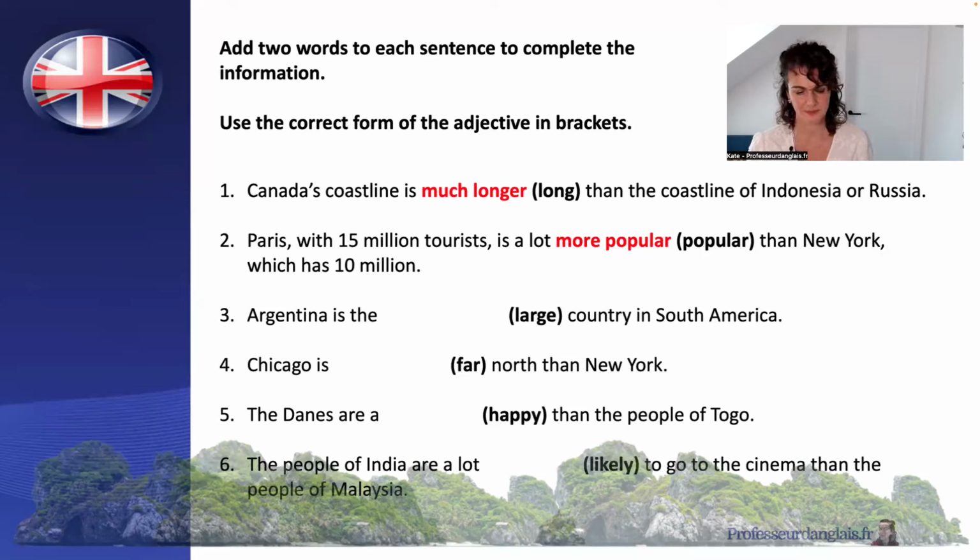Number 3. Argentina is the second largest country in South America. Number 4. Chicago is much further north than New York. Number 5.